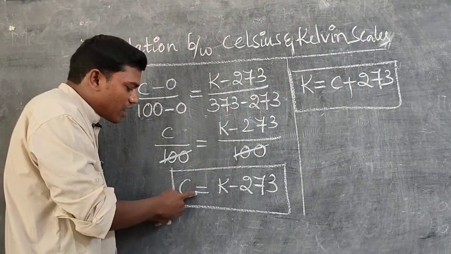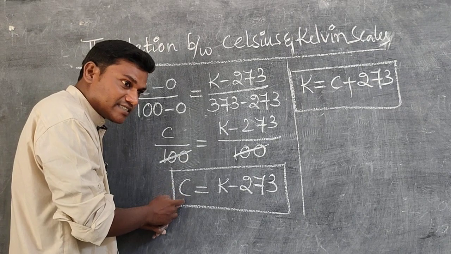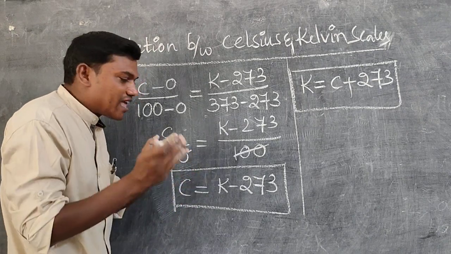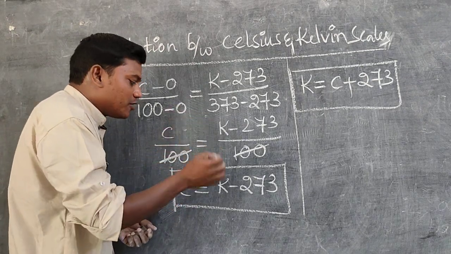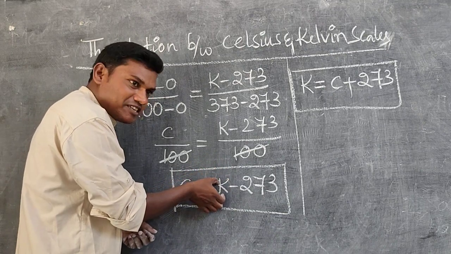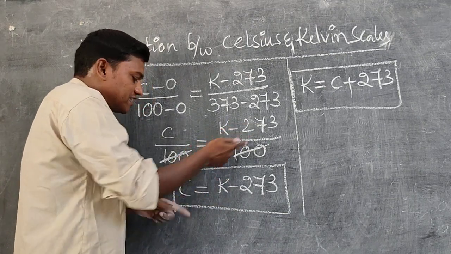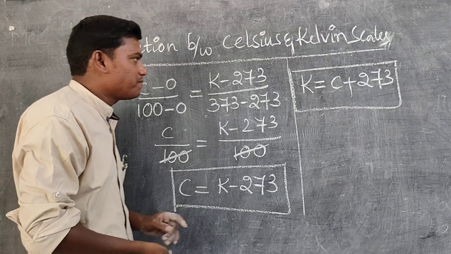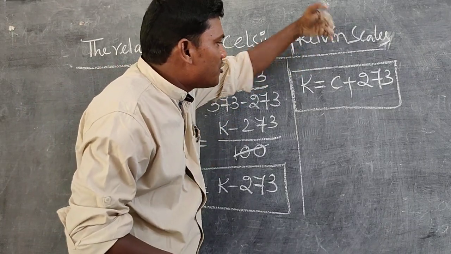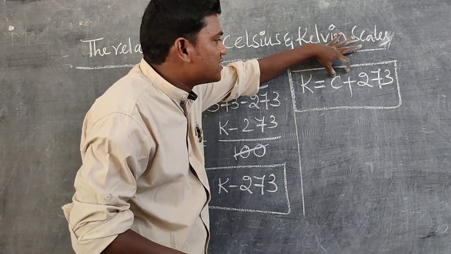This formula is useful for us. In a numerical, if a value is given in the Kelvin scale, to convert it into Celsius we use this formula. To convert a value into the Kelvin scale, we use this formula.